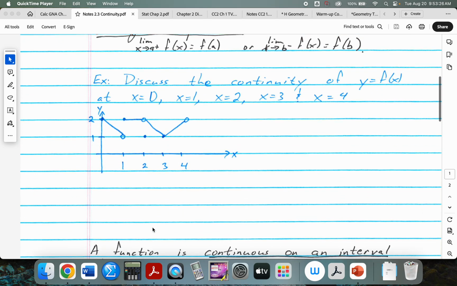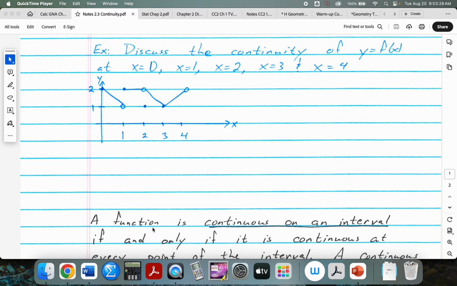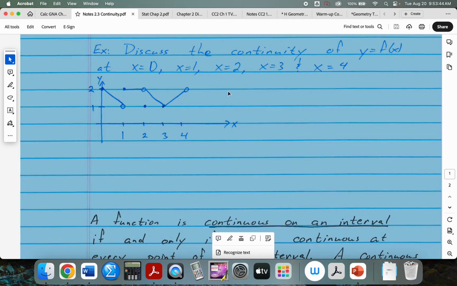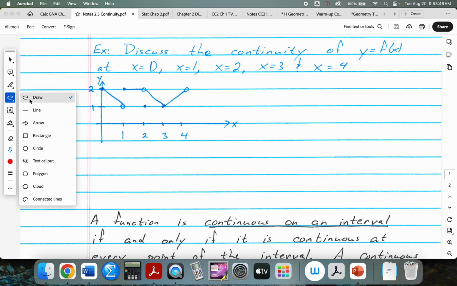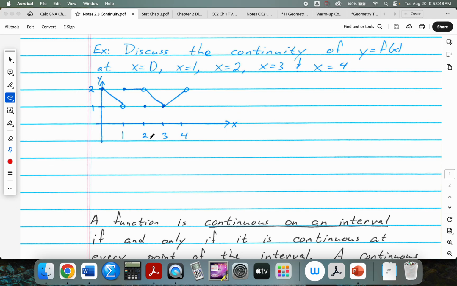So let's discuss the continuity of y equals f of x at x equals 0, x equals 1, x equals 2, x equals 3, and x equals 4. I always start with the function. It'd be nice if I turned on my pen. So what is f of 0 equal to? 2.